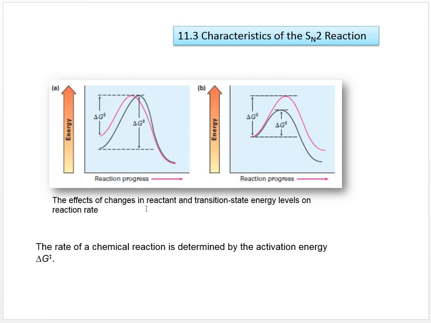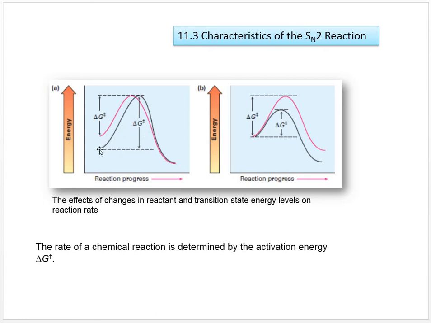So how can we change the rate of reaction if we change some parameters? Basically, let's say that if we change reaction conditions, and the transition state between different reaction conditions is the same. Let's say the transition state energy is not changing, but if we change the reactant energies, the activation energy is going to be different.